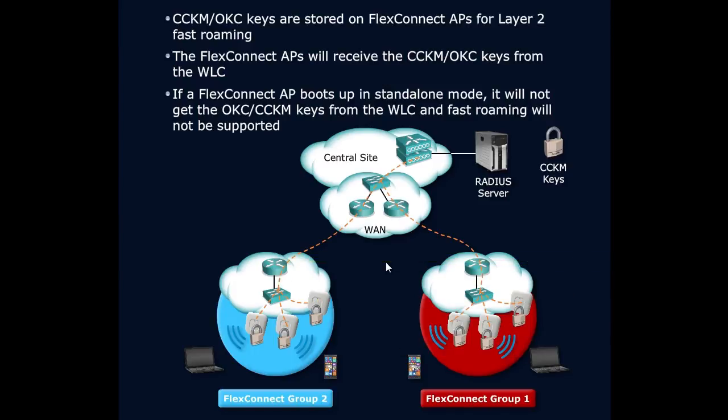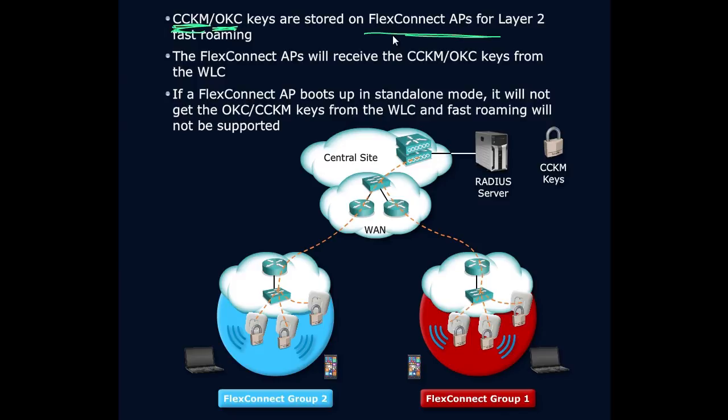So we talked about this. This is Cisco centralized key management, and this is opportunistic key caching. So I'm going to start caching keys, or I'm going to use Cisco centralized key management. And these keys are stored on FlexConnect APs for layer 2 fast roaming.